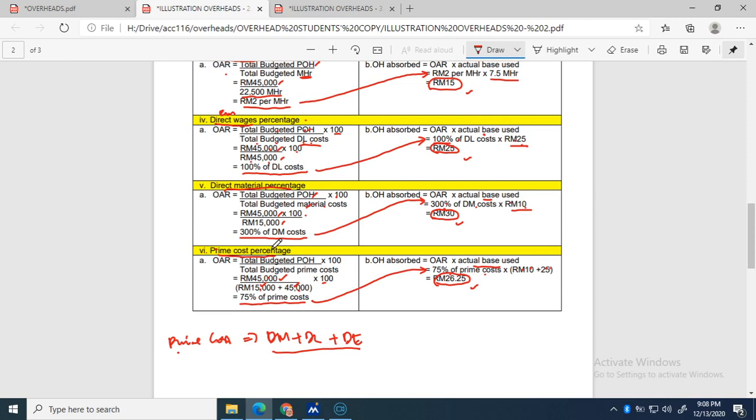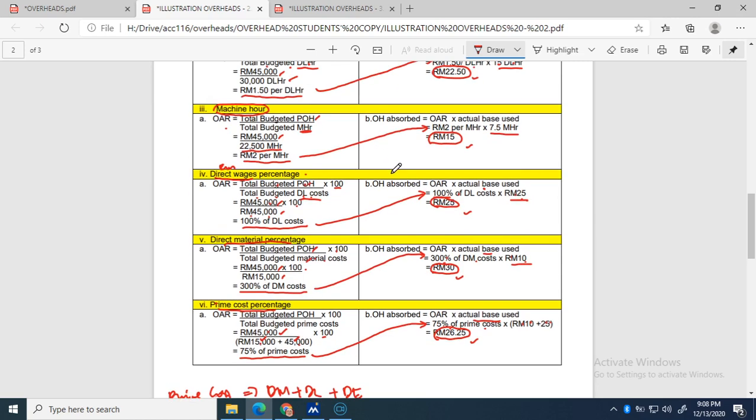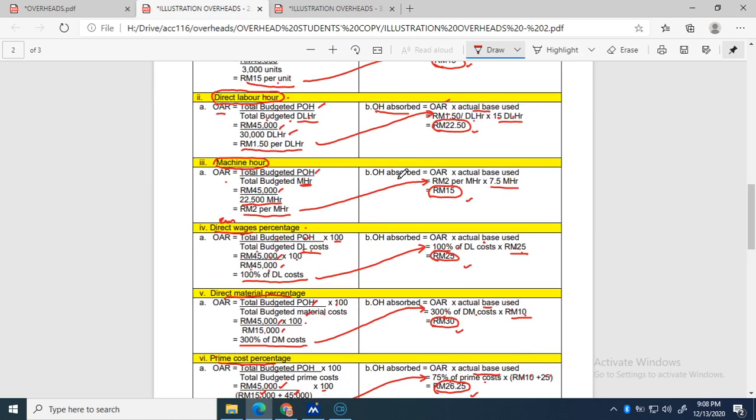Material cost and prime cost normally are not used. There are methods in the calculation, but normally they are not used because material cost and prime cost are not the most appropriate factors that influence the overhead cost. We may use them; it depends on the department. If you want to calculate, you refer to the question, as it depends on which department uses which method.